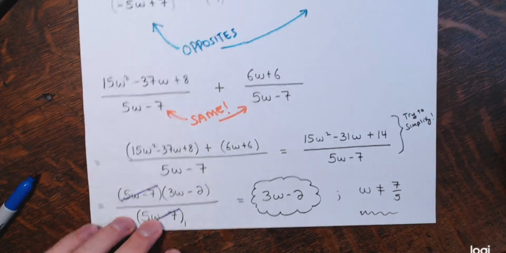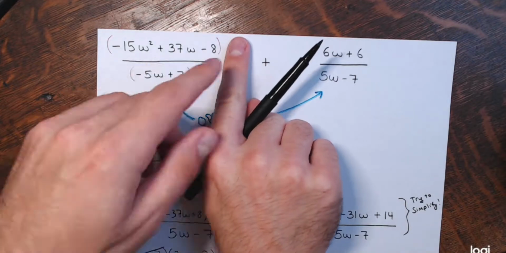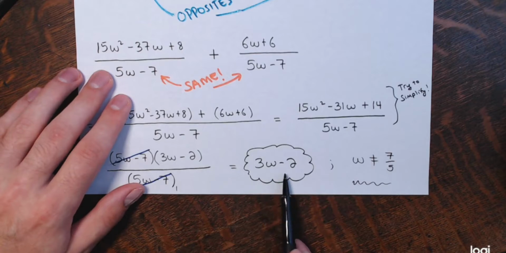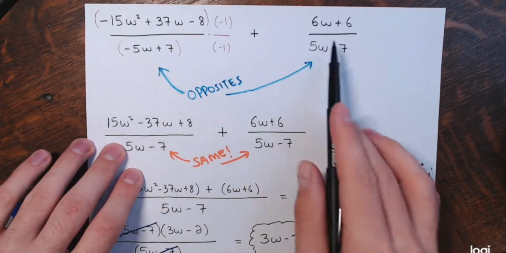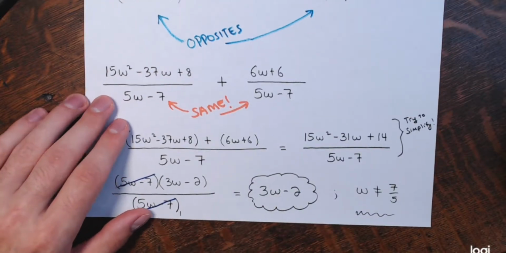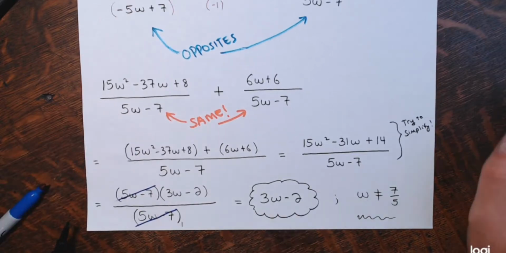So if you went back to the original expression and replaced w with 0, that sum and the final expression should both have a value of -2. If you replace w with 1, both the original sum and this final expression should have a value of 1, and so on. I leave it to you to test other values of w, but this is what I'm entering, 3w minus 2.